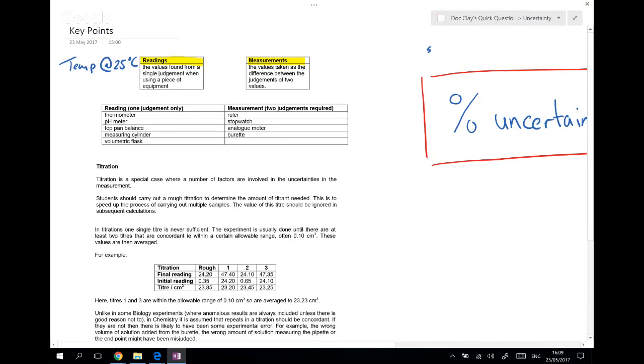So an example of this would be a change in temperature, and you might observe a change in temperature when you're doing an experiment where the enthalpy change is equal to Q equals mc delta T, and importantly you've got a start temperature and you've got a final temperature. So you do final temperature minus start temperature, and what you end up with is a change in temperature, and this importantly equates to a measurement.